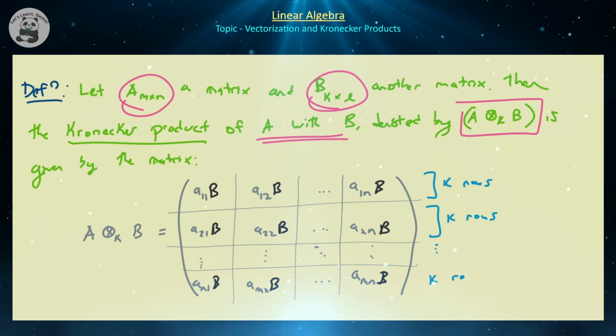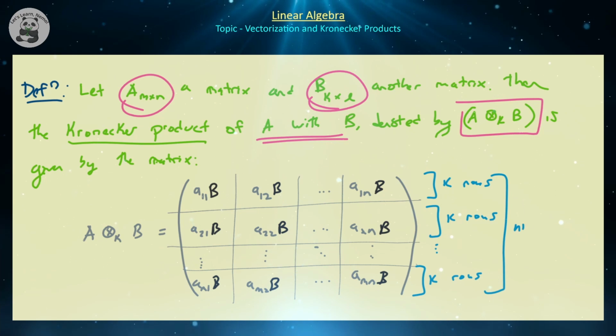But keep in mind we have m rows of constants, so that means we're going to have m k rows total. Let's not get our letters mixed up. So m k rows, because that's an m.